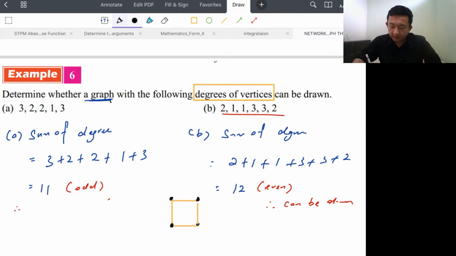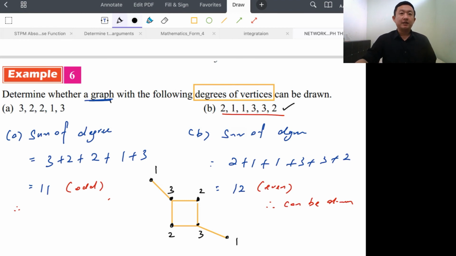When you make the square, it is all 2, 2, 2, 2, right? So what I have is 1. I know that it has to be 1 like this. And then this one will not be 2 anymore. This one will become 3. This one will become 3. So 3, 3, 2, 2, 1, 1. Correct. So this is the graph with the given degrees of vertices.